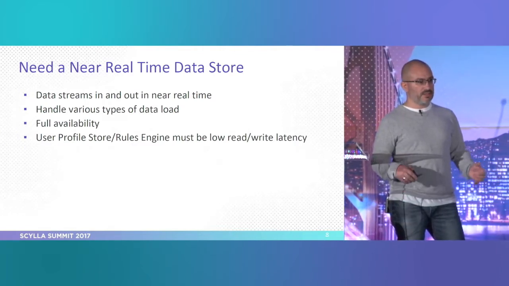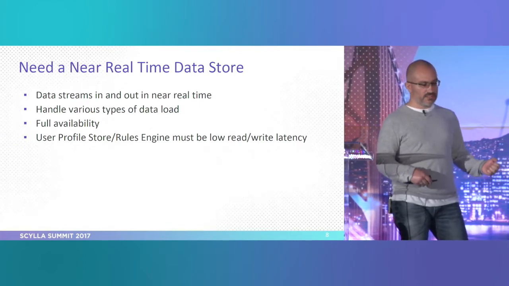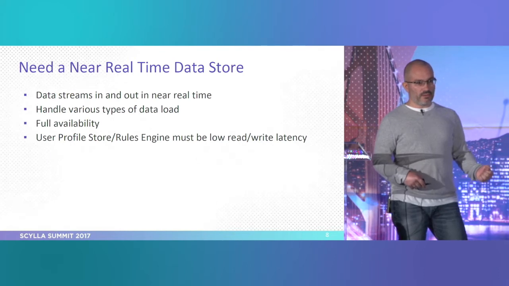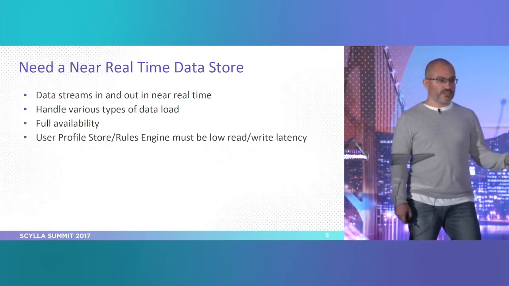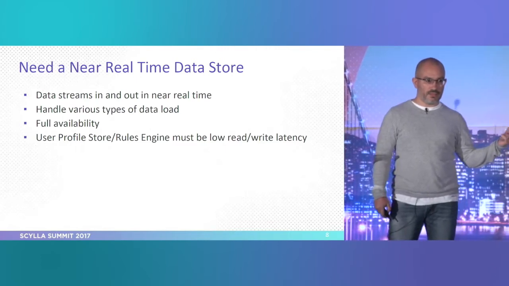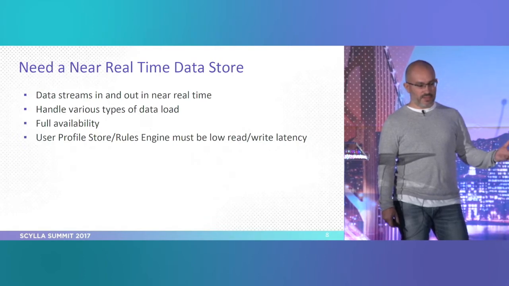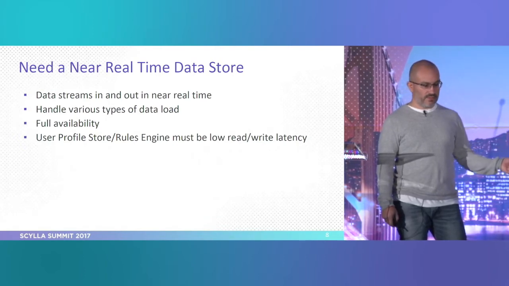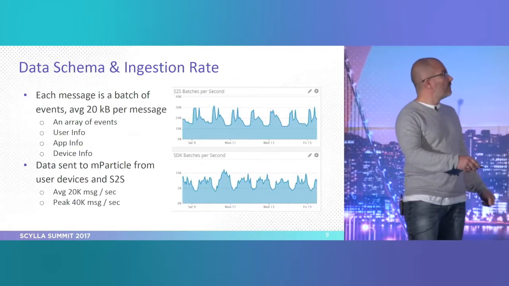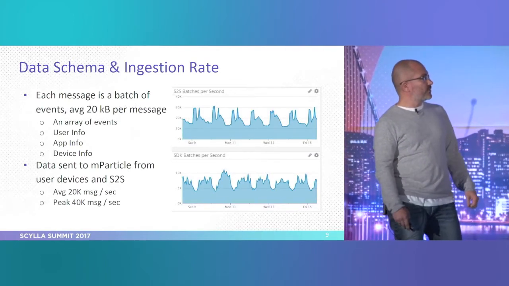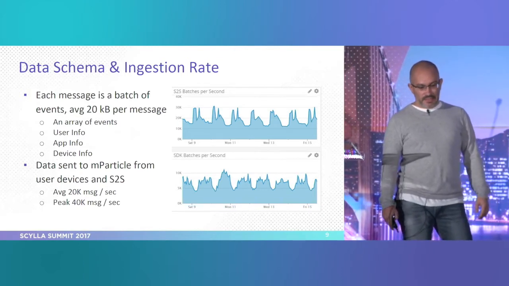And when it hits the point of the user profile store and rules engine where Scylla sits, there cannot be any backlog whatsoever. For that, that data store needs to be able to handle the varying rate of data ingestion that we get with very low latency and high availability. On the right here, there are a couple of graphs that represent metrics from our 2 ingestion points from the past month.